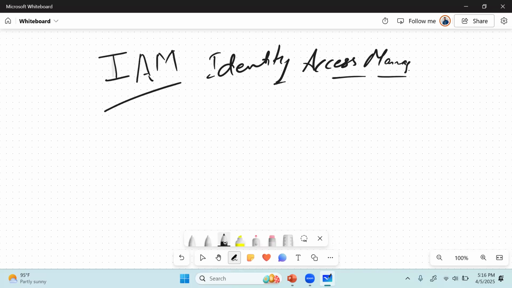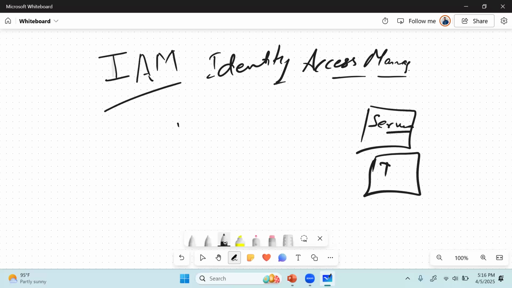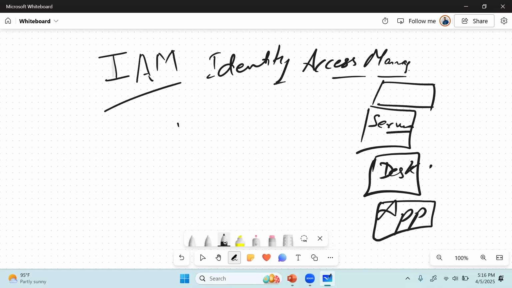Now, when we talk about identity and access management, identity would be, for example, in an organization, you have multiple resources. What do you have as resources? You have, let's say, servers, machines, maybe desktops, applications in which you have to sign in, maybe SharePoint sites, Teams channels.